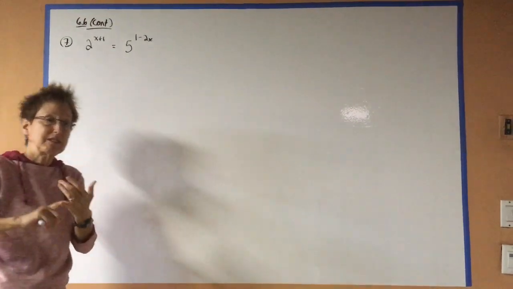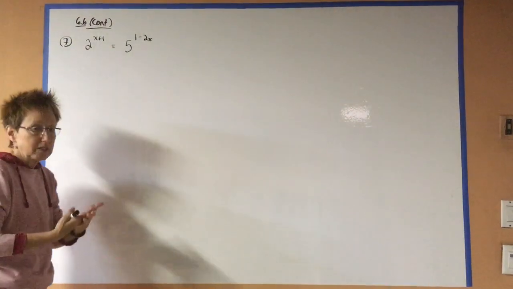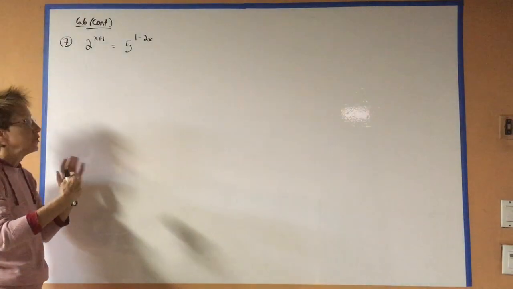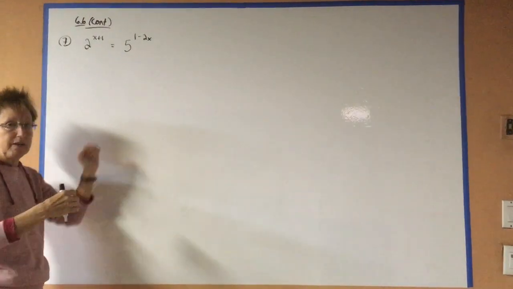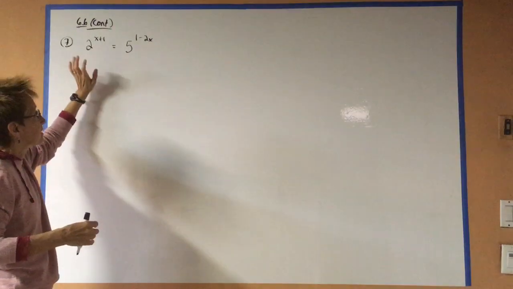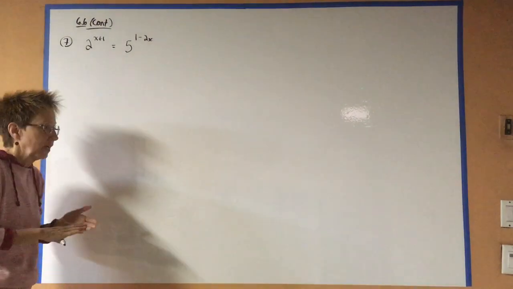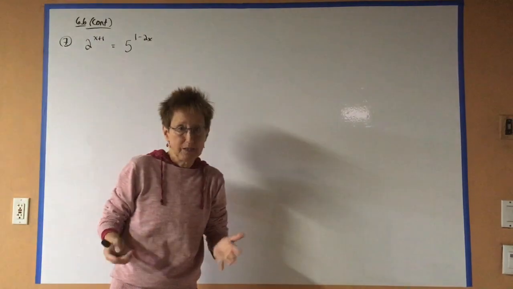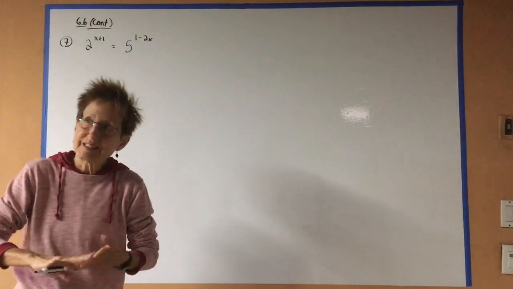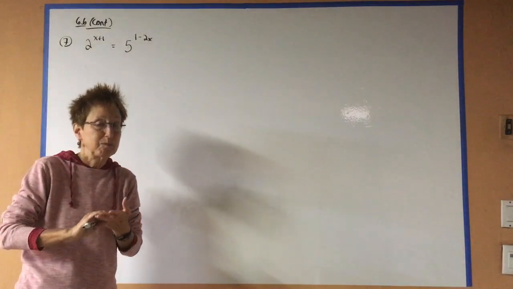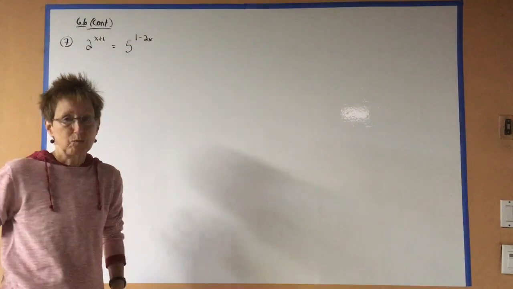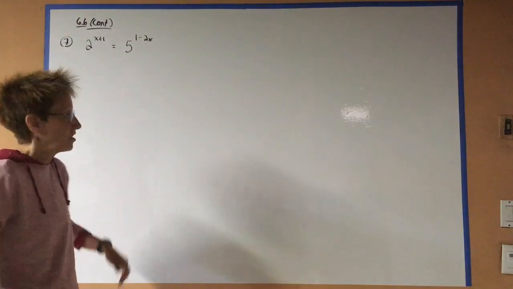Since I can't create same bases, the next resort is to introduce a log in front of each term on each side. Since it's just a base to a power and a base to a power, I'm going to introduce a log. You can introduce ln if you want. I usually say that if there's an e in the problem, that makes life nicer, and we'll get some of those in the last section in this chapter.